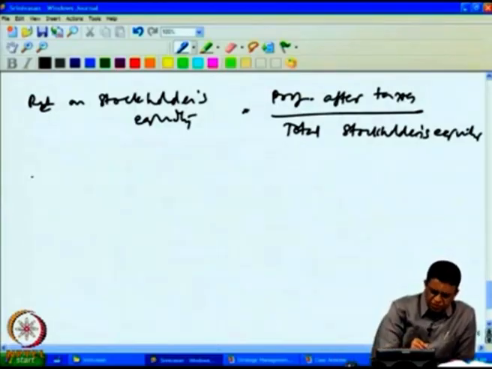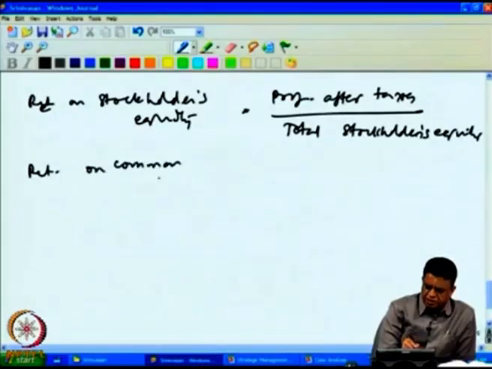Then we can also look at return on common equity.